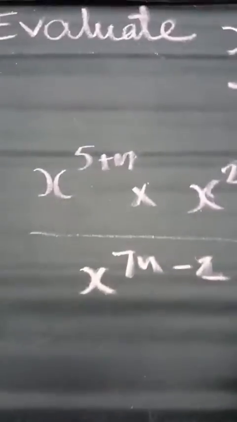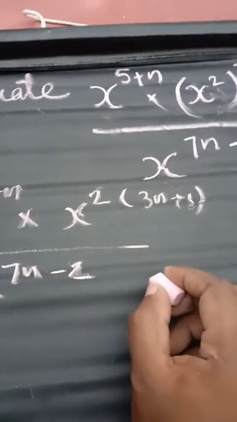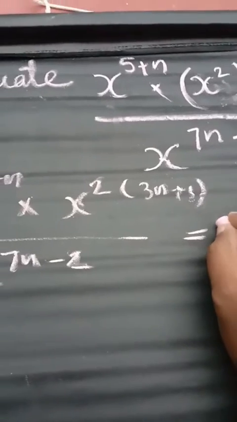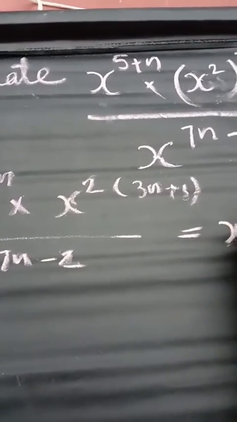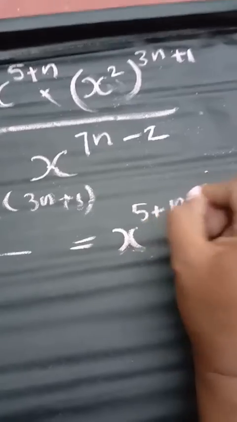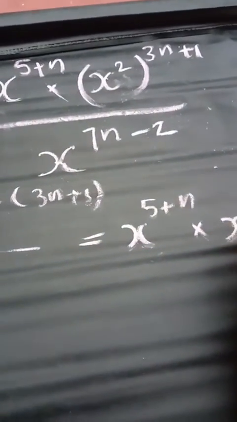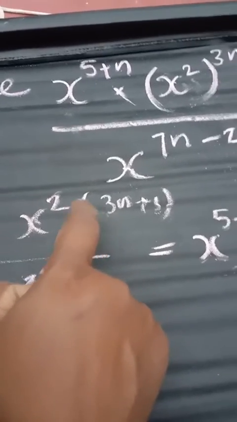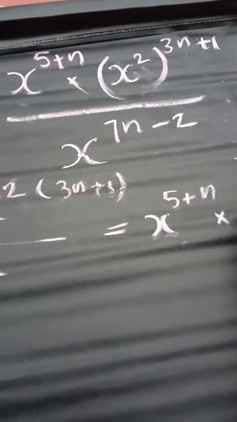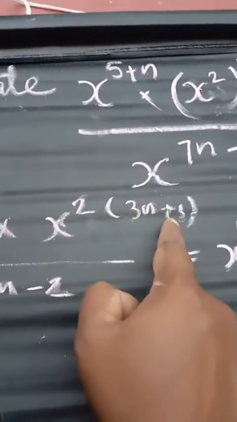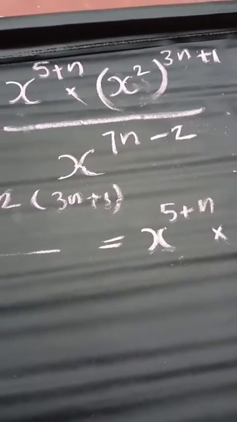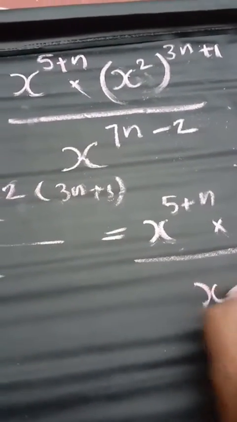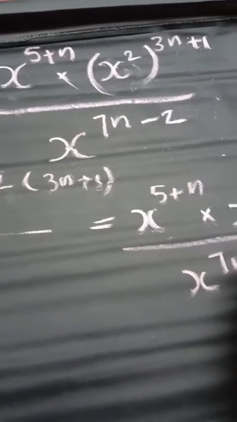Okay, (x square) raised to 3n plus 1 equals x raised to 2 into 3, 2 into 3 is 6, so 6n, and 2 into 1 is 2, so 6n plus 2, divided by x raised to 7n minus 2.